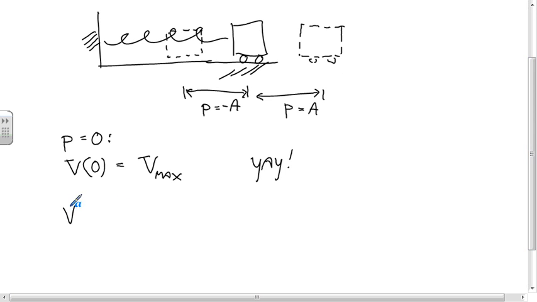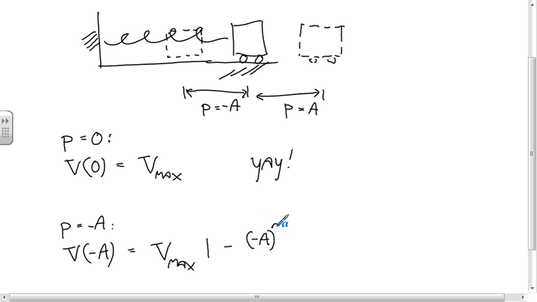So now how about P equals negative A? So the speed at negative A is V max times the square root of 1 minus negative A squared over A squared.